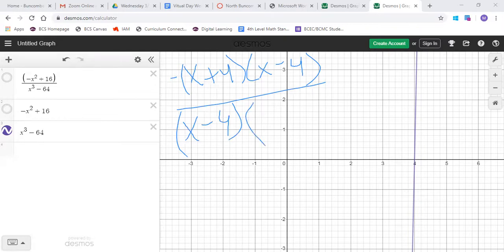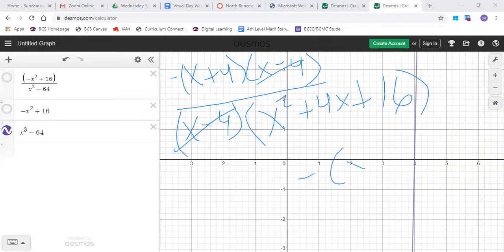And then I had what was at the top of our division, which is x squared plus 4x plus 16. Now what I can do is just start cutting out those factors that are exactly the same. So that x minus 4 cancels with that x minus 4, and I'm left with negative x plus 4 all over x squared plus 4x plus 16.